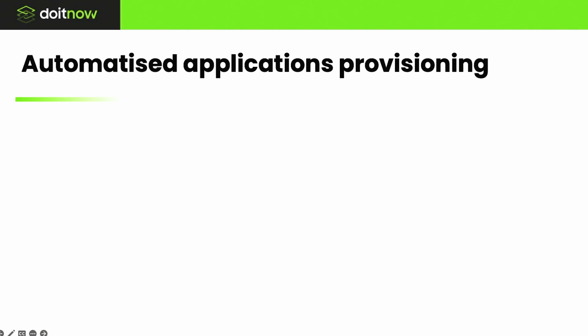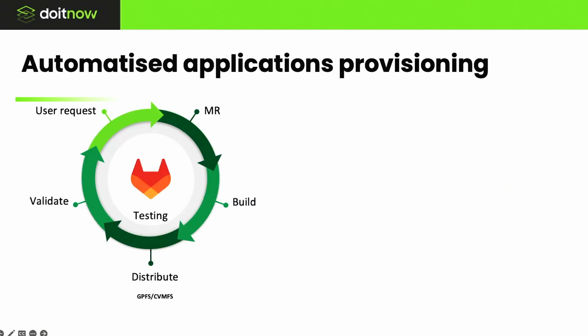So what do we do? We have been using GitLab CI/CD, continuous integration and continuous development tasks, to provide the Appstack. So we have a user request, then we create a merge request using the GitLab interface. In this merge request, we put an EasyBuild recipe or a request for it.